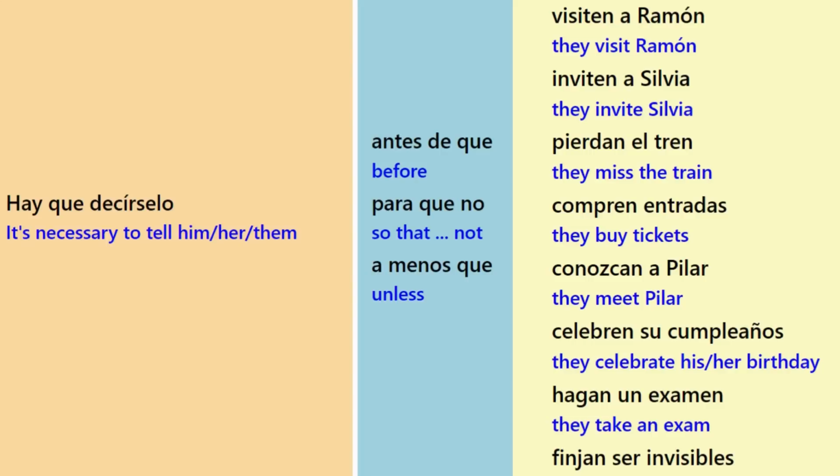How about, hay que decírselo para que no compren entradas. You need to tell them so that they don't buy tickets. They need to be told so that they don't buy tickets.